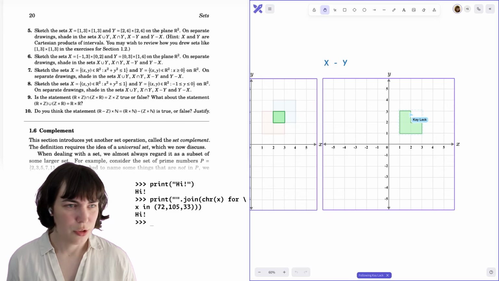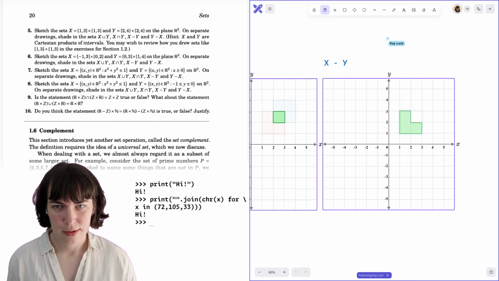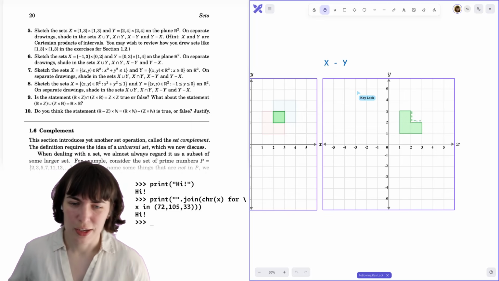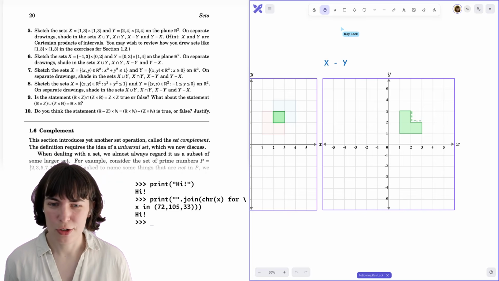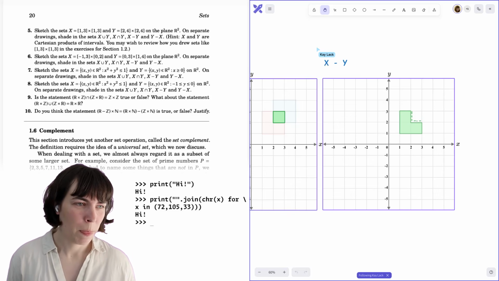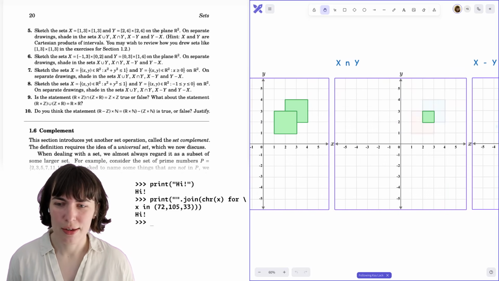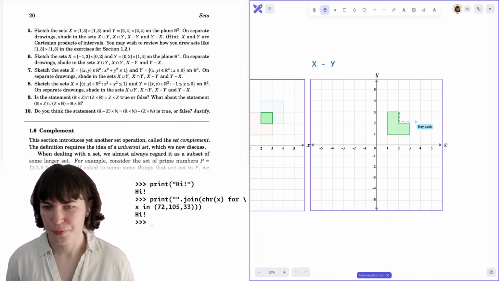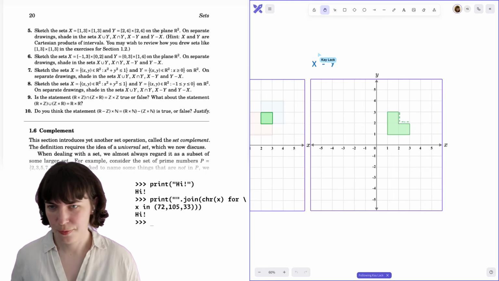Now, I think also these lines here are going to be dotted. Oh, okay, terrible. I think these will be dotted. I've been told that if my whiteboard was a bit better, I'd be able to dot that part of it. But it's kind of unrealistic to expect a whiteboard to be able to do that. But I think those will be dotted because we're taking away y, and y includes all these things on the edge. So I think that's right.